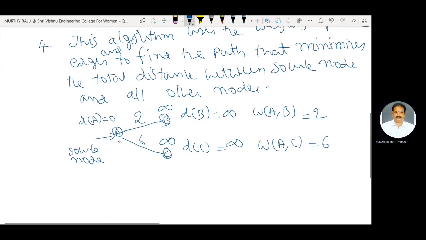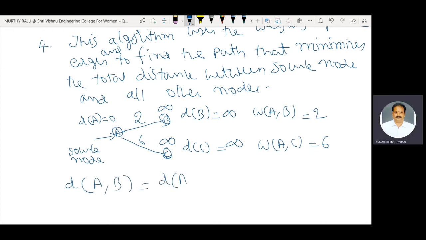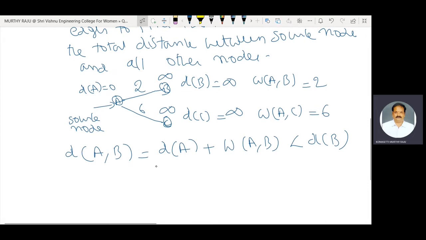See the distance between A and B. The formula is: distance of A plus weight of AB is less than distance of B. Therefore, this condition is satisfied.